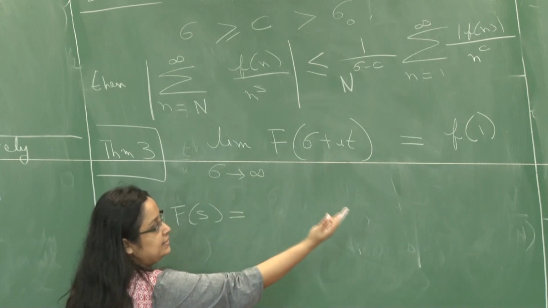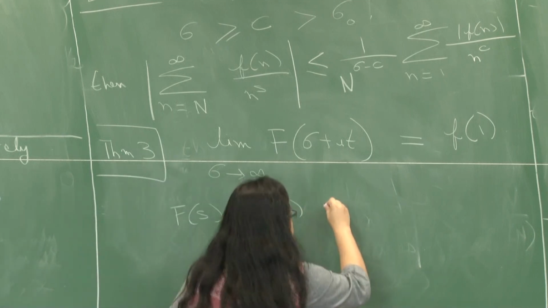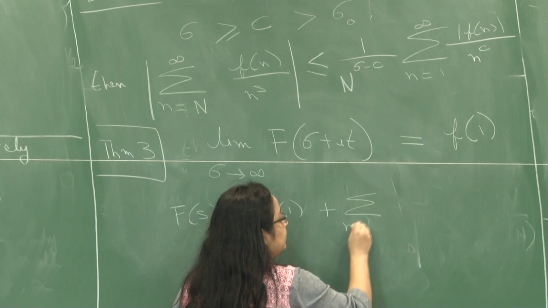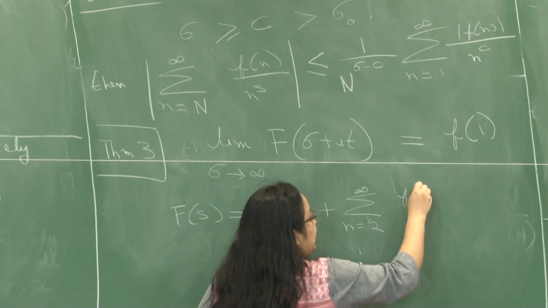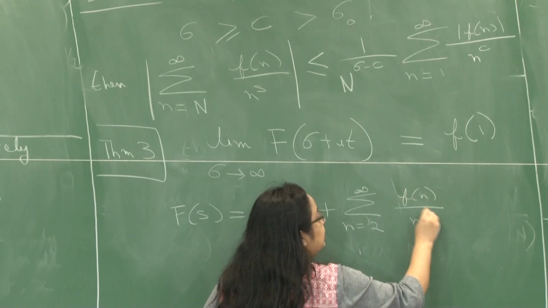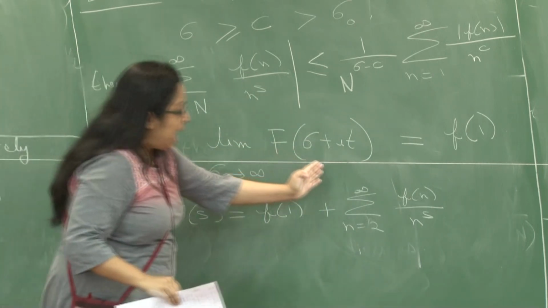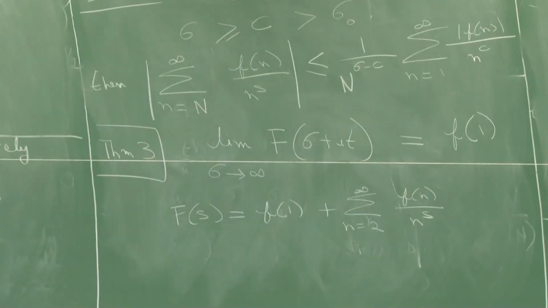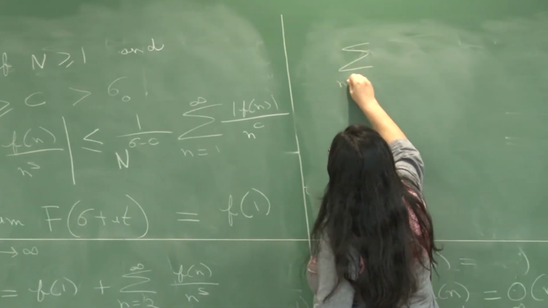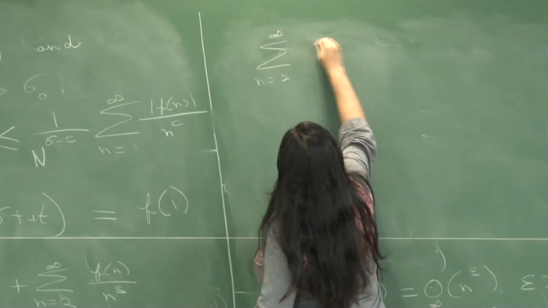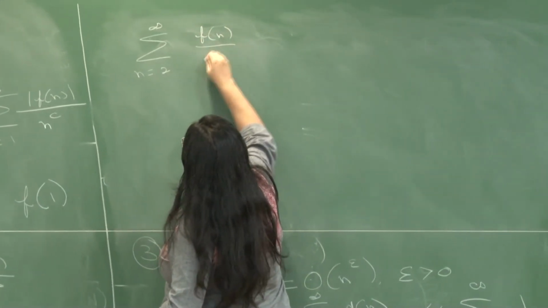This is our Dirichlet series. Let me just take the term corresponding to n equal to 1 out, and let us write the sum for n going from 2 to infinity of f of n over n to the s. Now the good thing is, the absolute value of the sum from 2 to infinity, what is the previous lemma telling you?